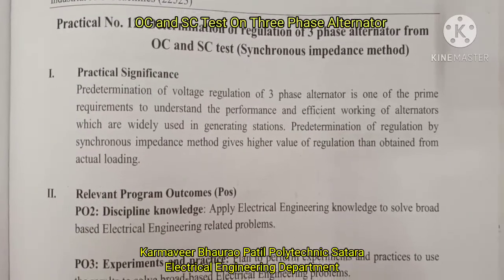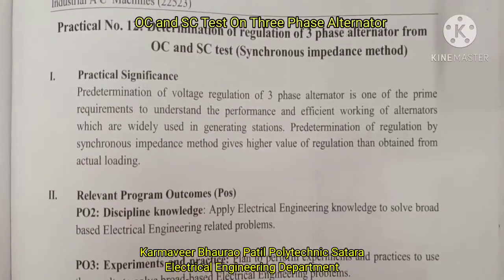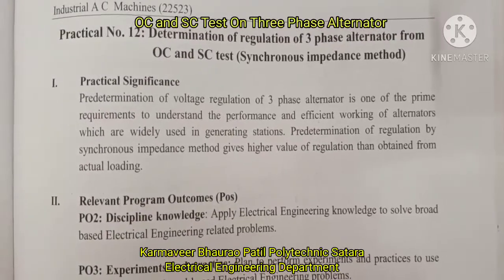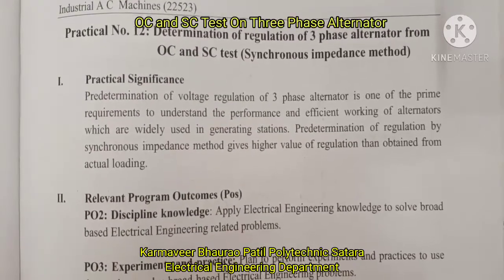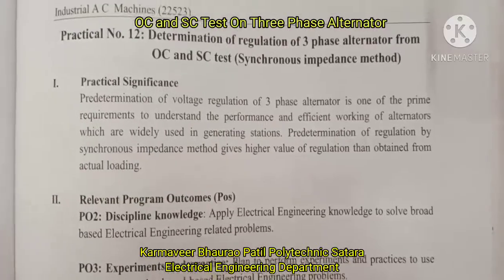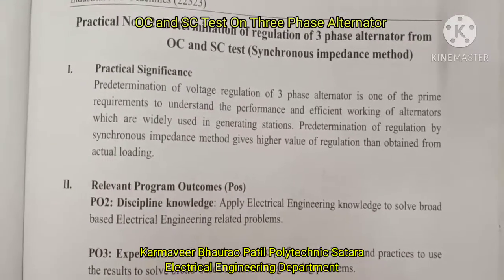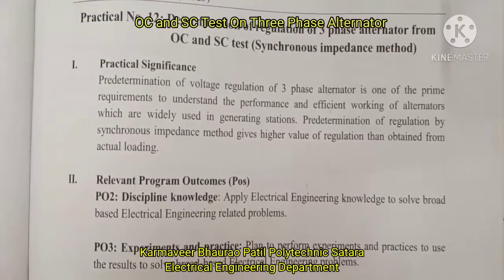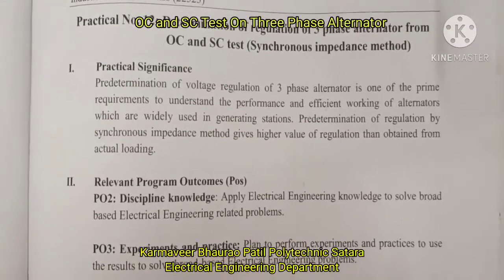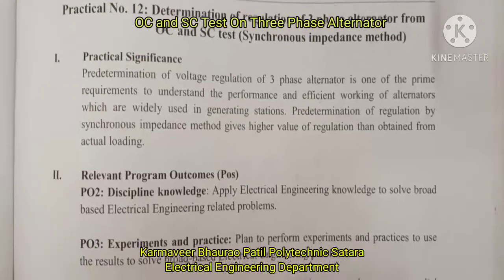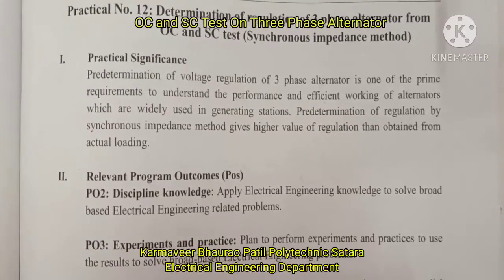What is the practical significance of this experiment? By performing this experiment, we will determine the voltage regulation of the three-phase alternator. This particular parameter is used to study what will be the variation in the alternator output whenever there is variation in the load.